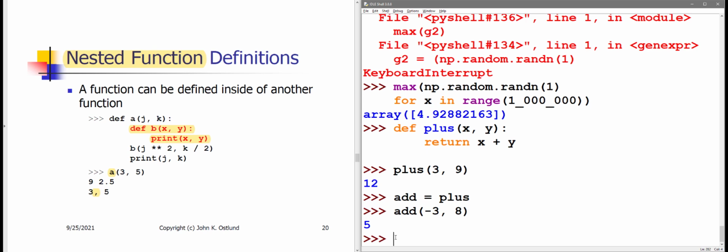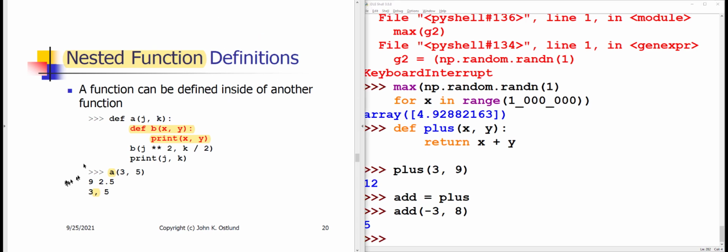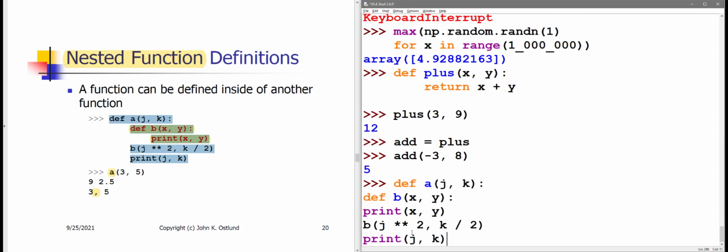So let me give this thing a try. I'm going to copy and paste in this definition of A, which incorporates a definition of B. Tabs are all messed up, but I can go back and patch those up.